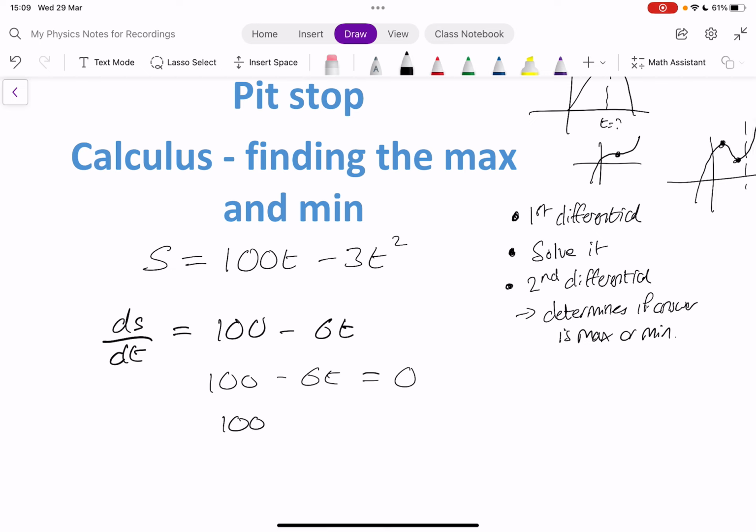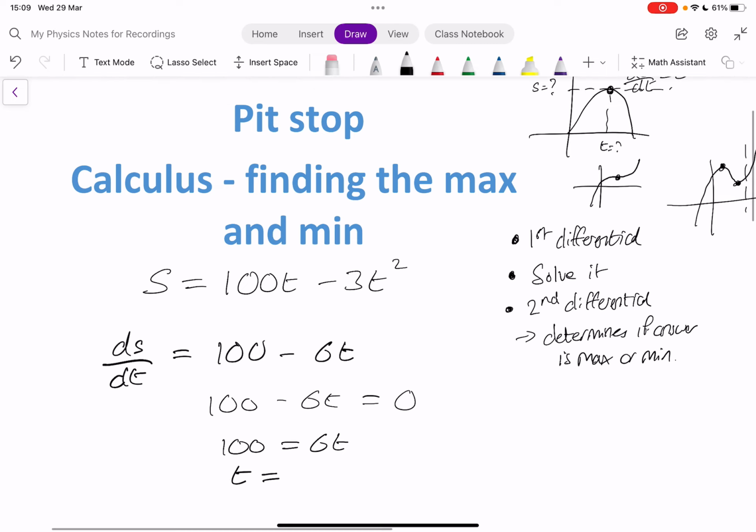So 100 equals 6t. So the time at which it reaches a stationary point, whatever that might be, is 100 over 6. I'm going to leave that as a fraction, just so I don't introduce any rounding errors, because it's not a horrible fraction to have to deal with.